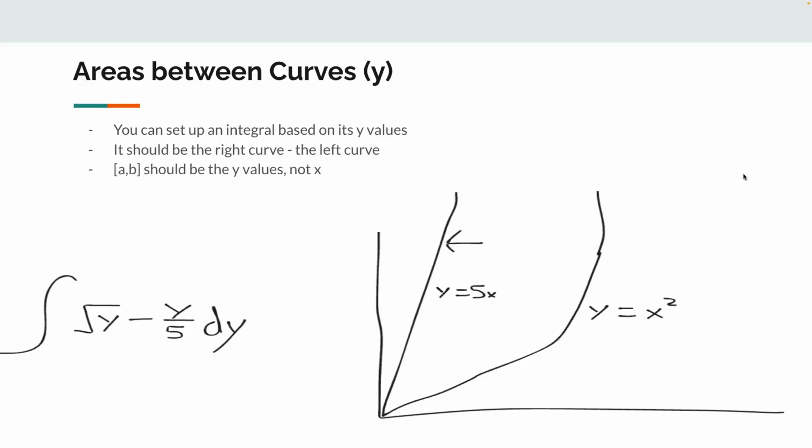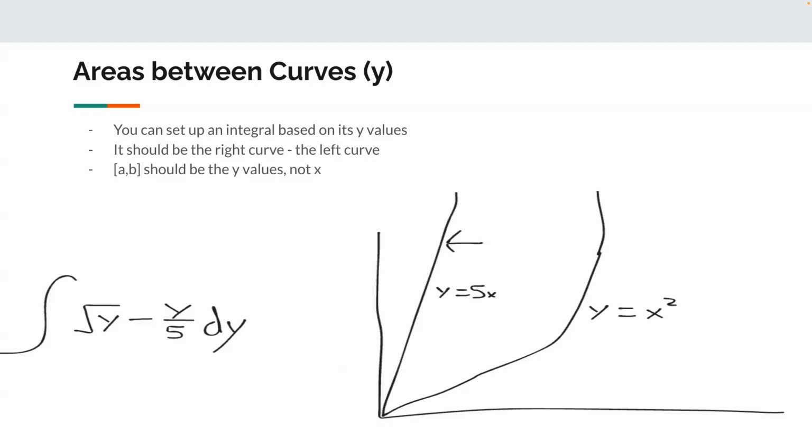Or on the second curve, x is equal to the square root of y. Note that it could be positive or negative square root of y, but here, since it's on the right side, it's the positive square root of y. So essentially, we just solve the function in terms of its y value.